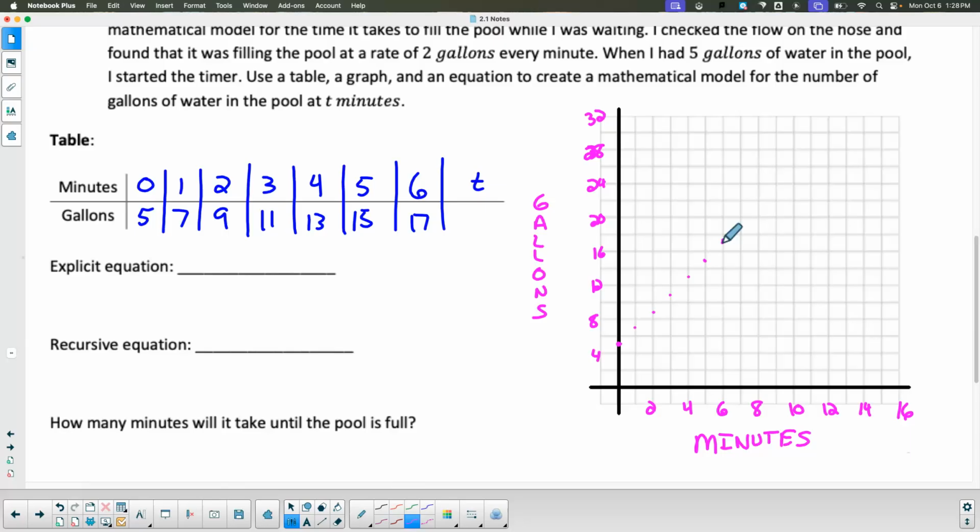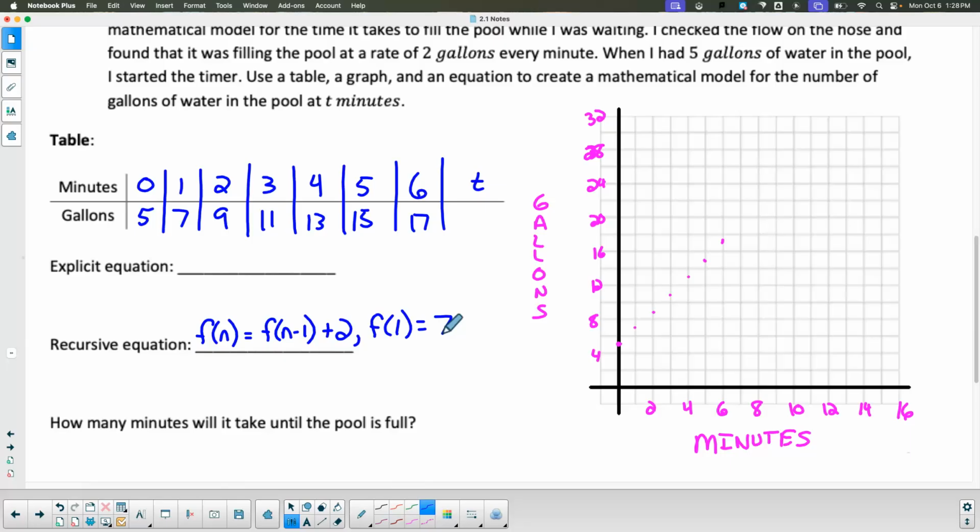Recursive equation here: f of n equals f of n minus 1 plus 2, with f of 1 being 7, or f of 0 being 5, or f of 2 being 9, or any of those.